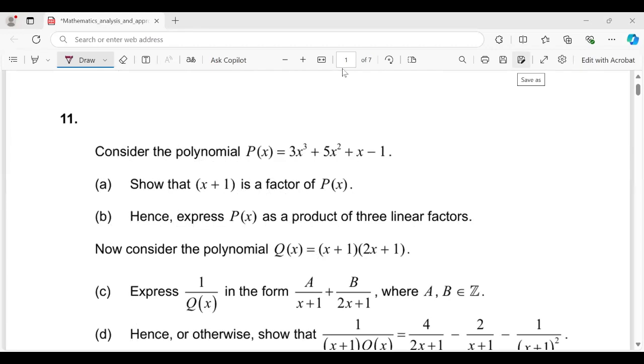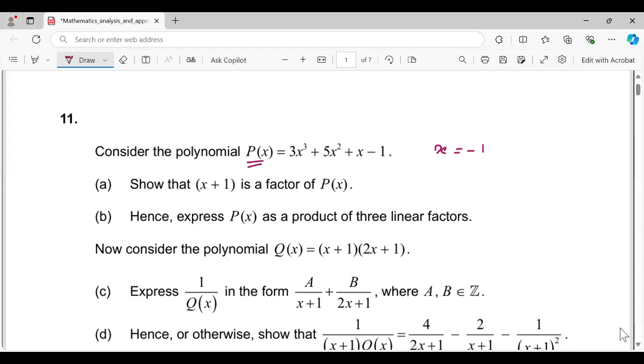Number 11. Consider the polynomial p(x) equals 3x cubed plus 5x squared plus x minus 1. Show that x plus 1 is a factor of p(x). To show that x plus 1 is a factor of p(x), we have to substitute x equals minus 1 into p(x).